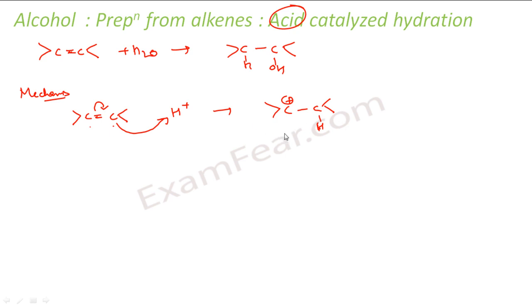So what you get is I have water here. So water will attack this. This is a nucleophile attack. Now with this, what you get is C-OH with one lone pair here. Here it was two lone pairs, and one lone pair is used to form the bond here, and oxygen will get a positive charge.